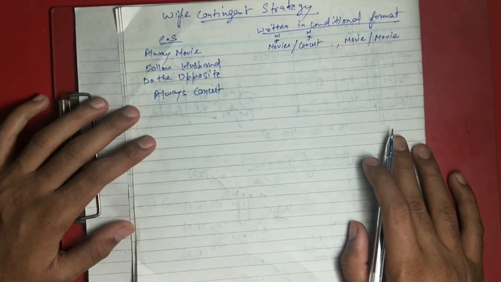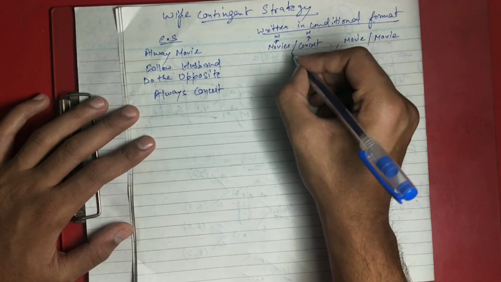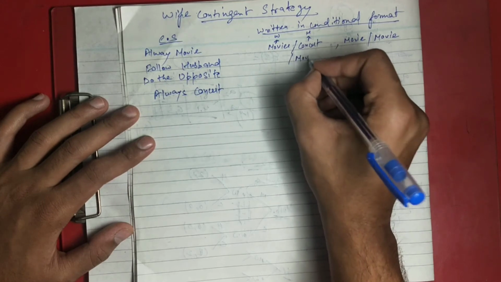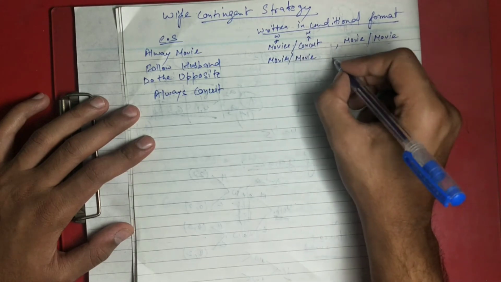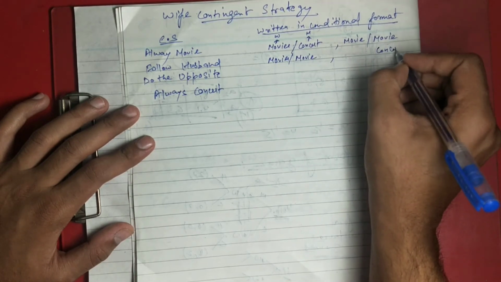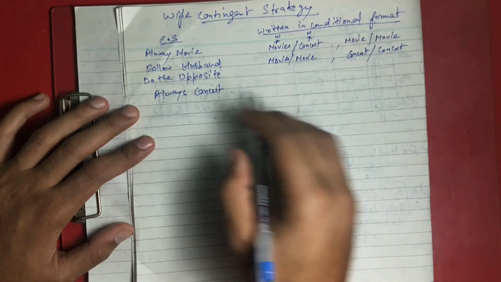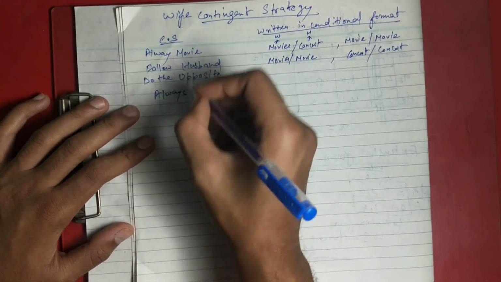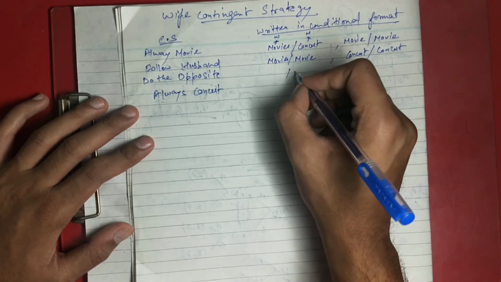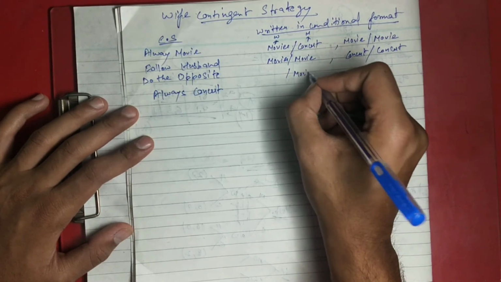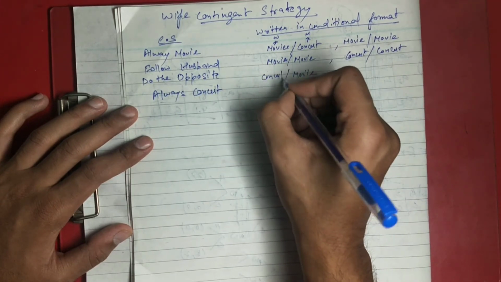The second case is follows husband. So let's assume that husband is going for movie, so wife is also going for movie. Now husband is going for concert, wife is also going for concert. Similarly, the third part is do the opposite. Let's say the husband goes for a movie, that means wife will do the opposite, so she will go for the concert.